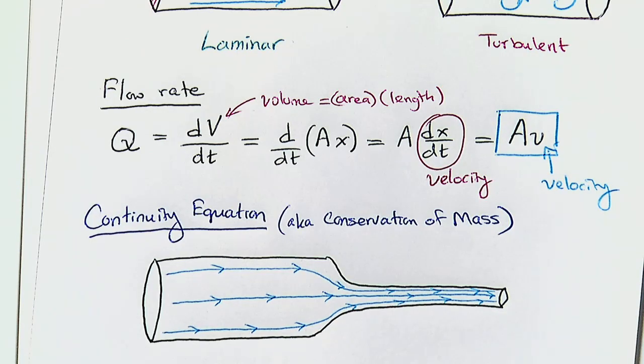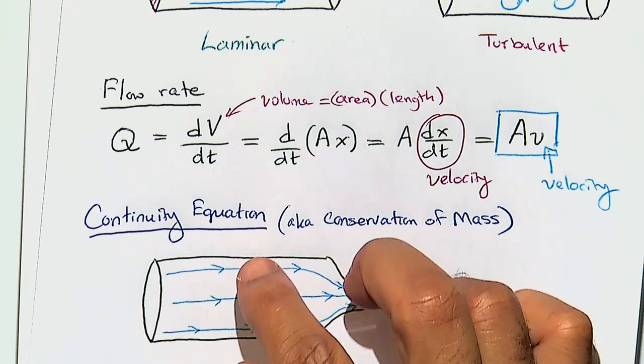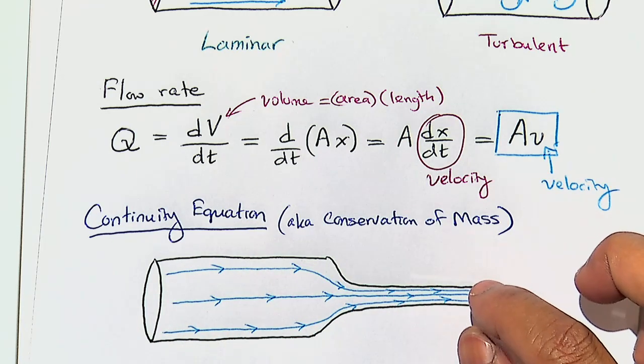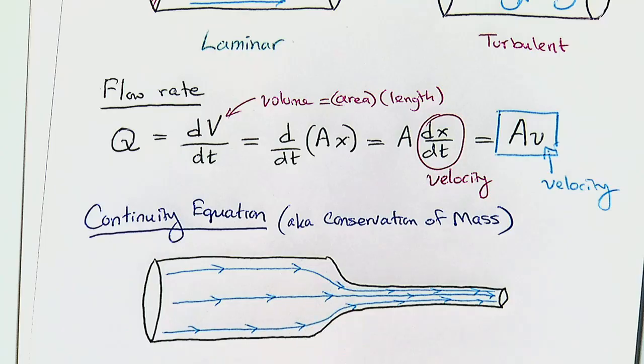So if you have water going through a pipe that gets squeezed, the amount of water shouldn't just change. You can't have water disappearing or appearing inside the pipe all of a sudden. So what goes in must come out, essentially.